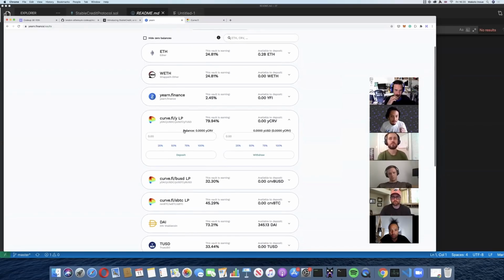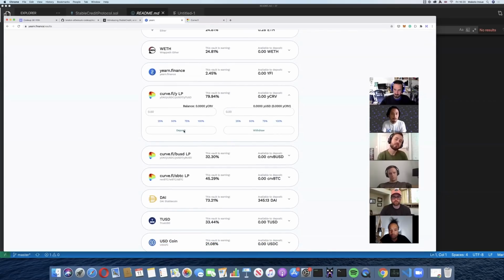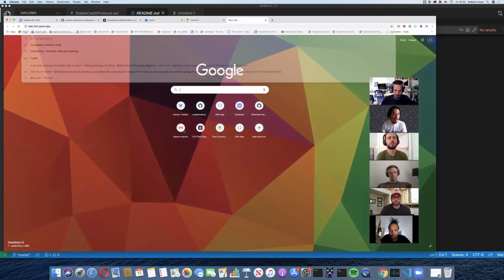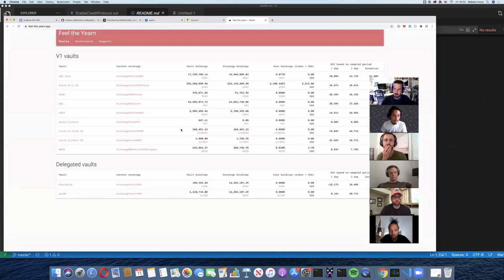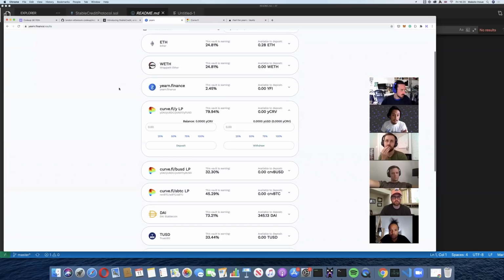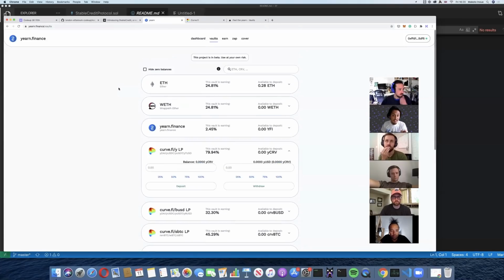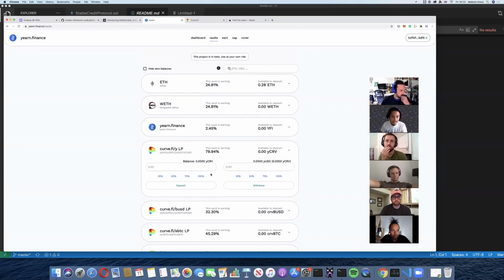And it has different so-called strategies. If you go to, is it Fields Yearn? It shows that, for example, Curve yLP uses the strategy Curve Borrow. So this is the same thing as using this one.